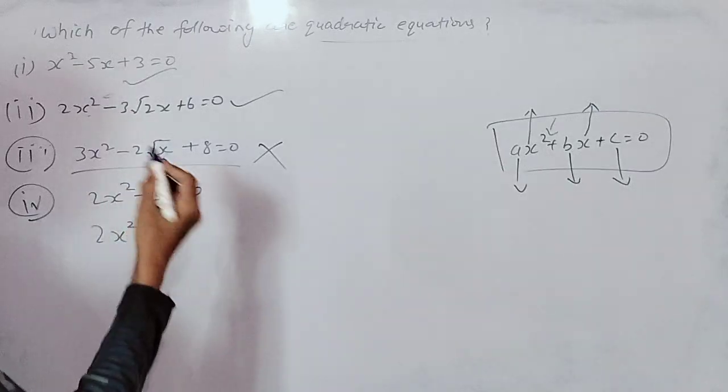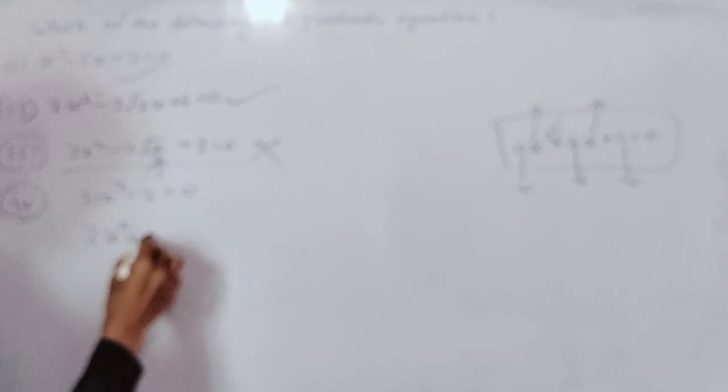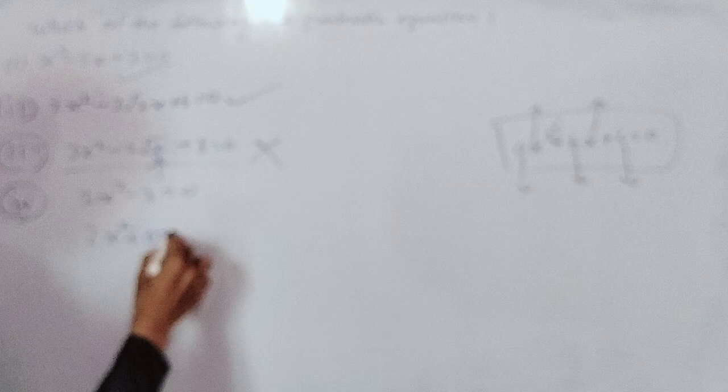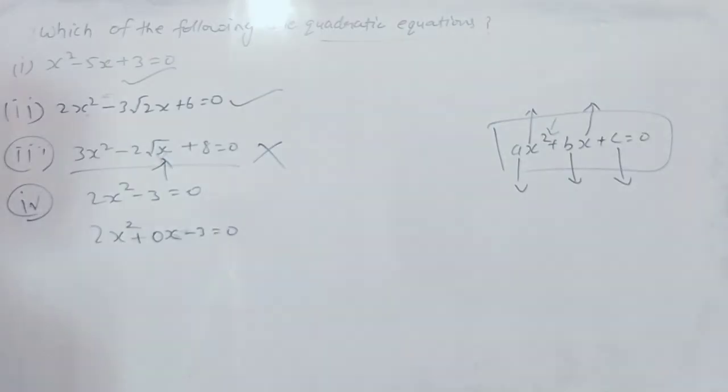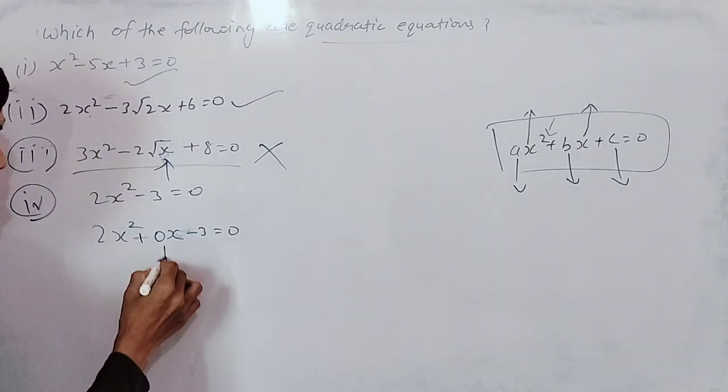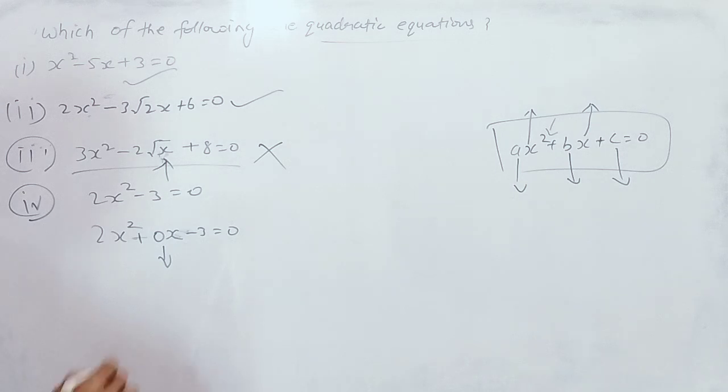Now minus 3 is a term which is a constant number. We can take plus 0x, so 0x minus 3 is equal to 0. Yes, this is 0.